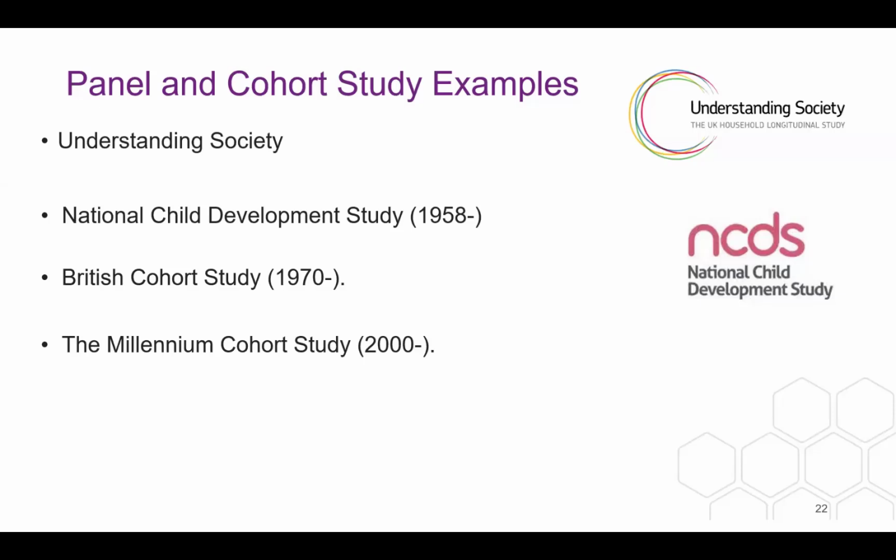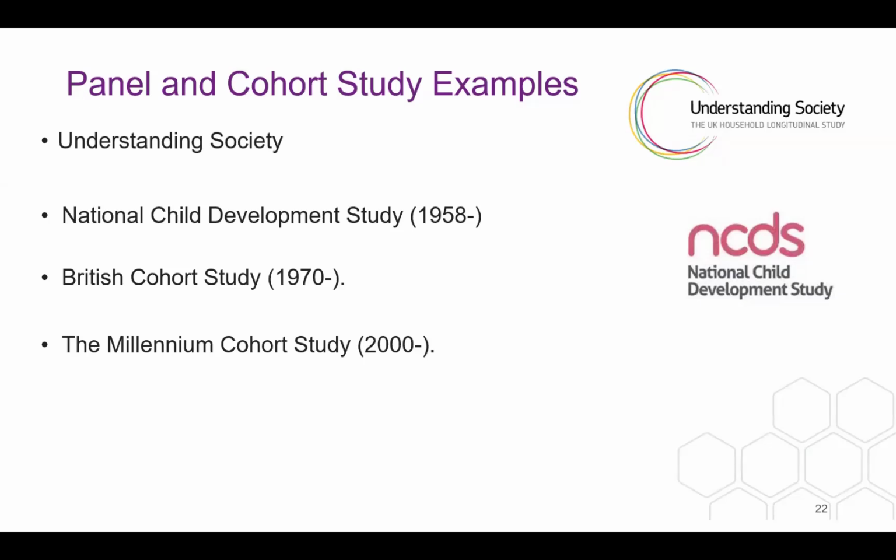The second example is the 1970 British Cohort Study, which began when data was collected from the births and families of babies born in England, Scotland, Wales, and Northern Ireland in a particular week of 1970.